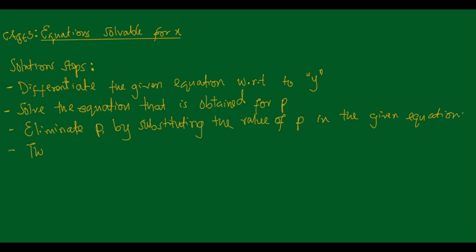Then finally, the eliminant is the required solution. The eliminant just refers to the equation that we've obtained after substituting the new value for p into the differential equation.